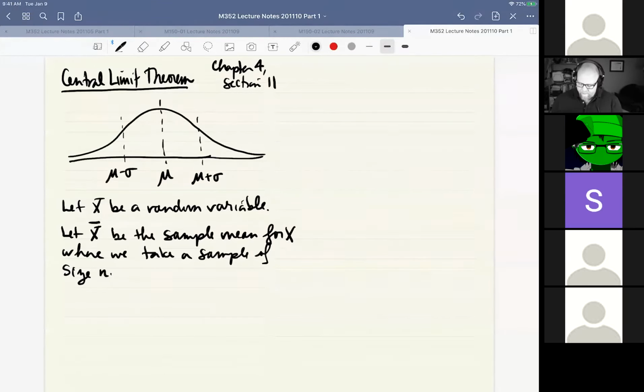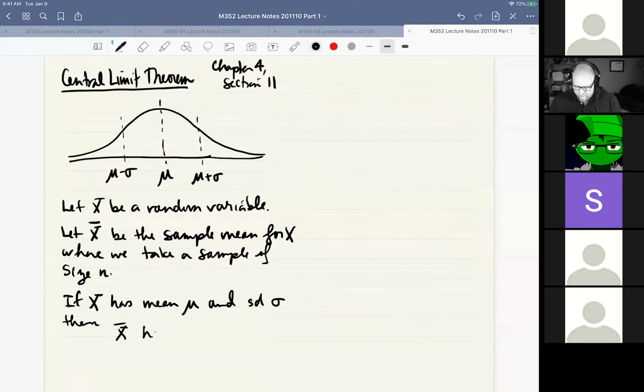So if the original random variable x has mean mu and standard deviation sigma, then we've studied that x bar has mean mu as well, and it has variance.